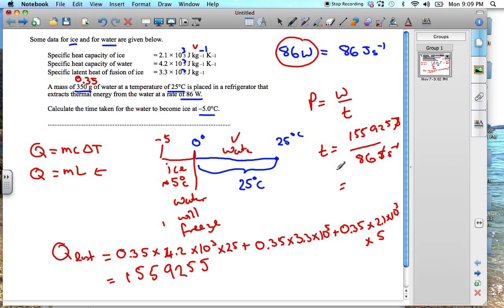So we divide this number by 86, and I get 1,813 seconds, and I can divide that by 60 to get minutes. It's about 30 minutes. All of these are two significant figures. This is actually 30.2, so in saying it's 30, I've rounded to two significant figures. So that would be your answer for that one. Okay, thank you.